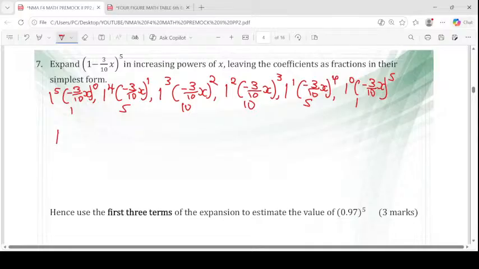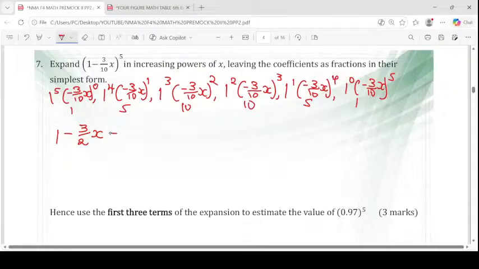In this other case, I have 5 times 1 power 4 times negative 3 over 10. So that's like saying 5 times negative 3 over 10 to the power of 1. That becomes 3 over 2. So this will be not plus but minus 3 over 2x.